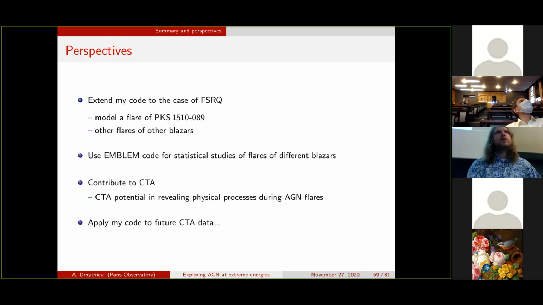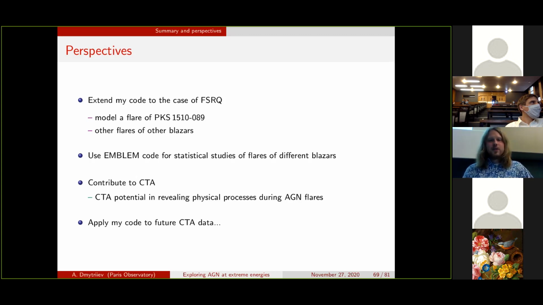Preliminary analysis shows that it might even be fit without the external component, but that we will see. And of course, many more flares of many more blazars. There are a lot of interesting variabilities to explore at different time scales, not only 1 day, but also 1 minute, 1 week, and up to 1 year.